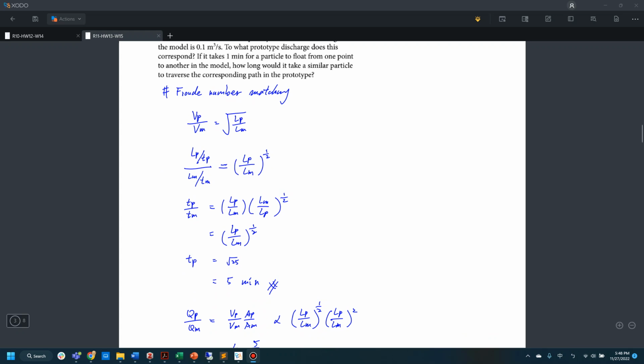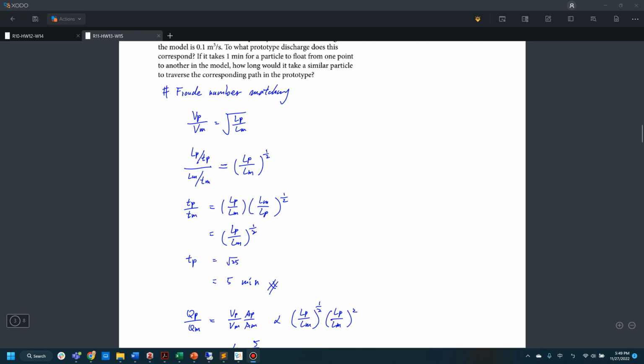So in this case, we will choose the Froude number matching, and if you write down the equation for the Froude number and reorganize into the ratio of velocity in the prototype and the model, you can get this relationship as I show on the screen.